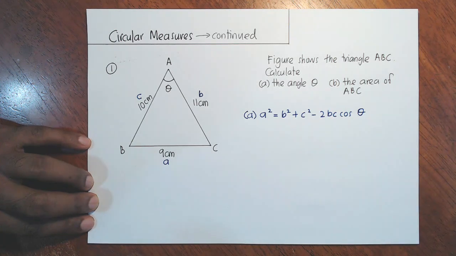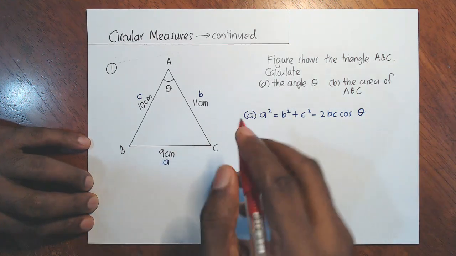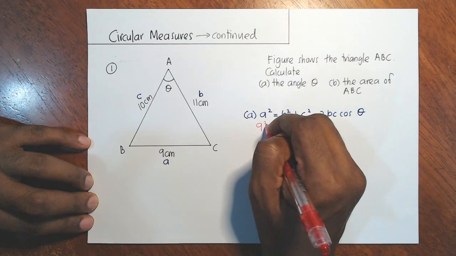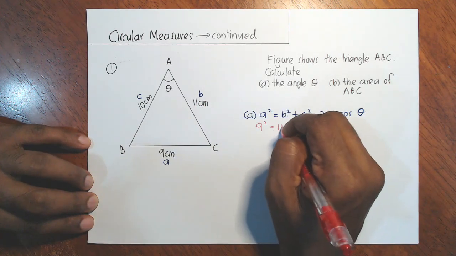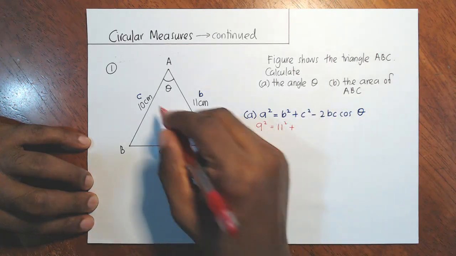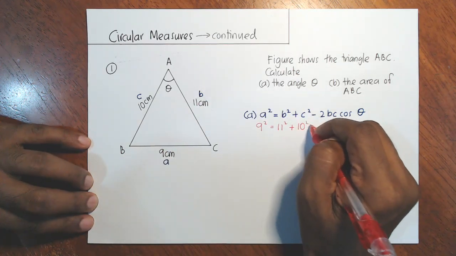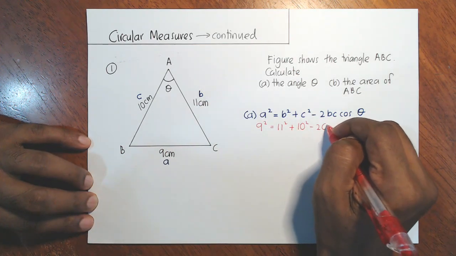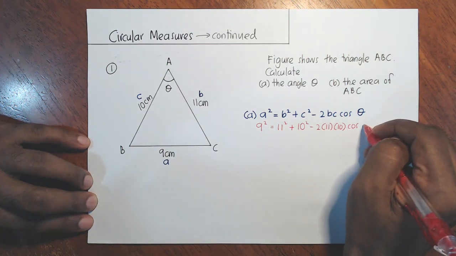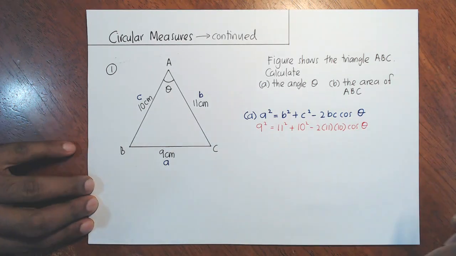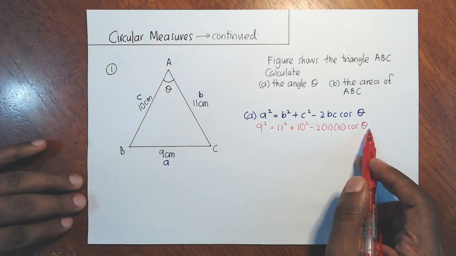So substitute the values. a square will be 9, a is 9. So 9 square equals b is 11, 11 square plus c is 10, 10 square minus 2 times 11 times 10 times cos theta. Now we have to calculate theta.